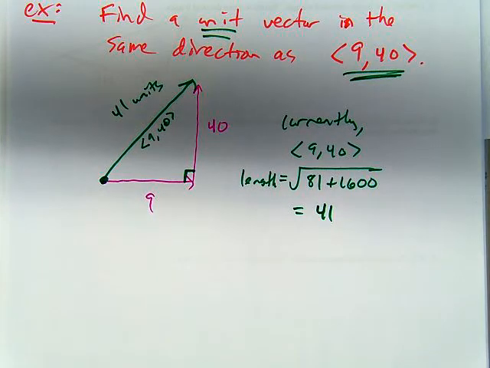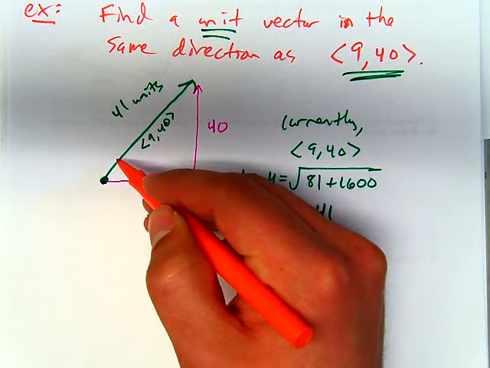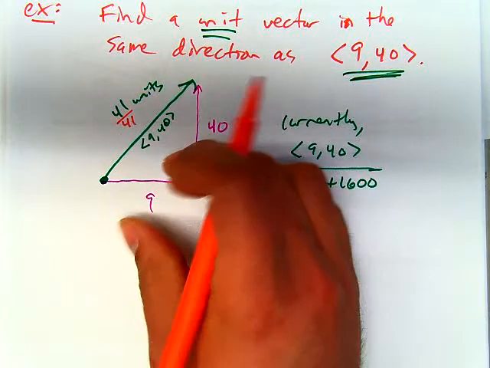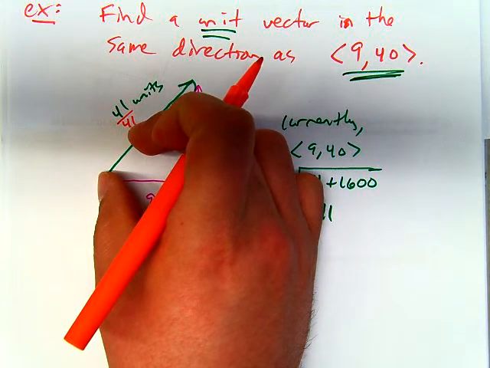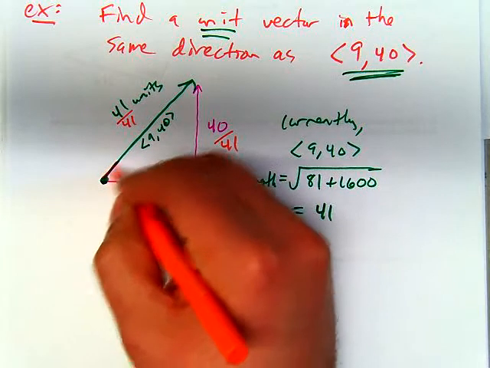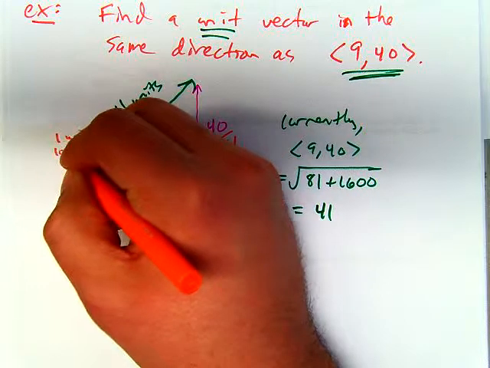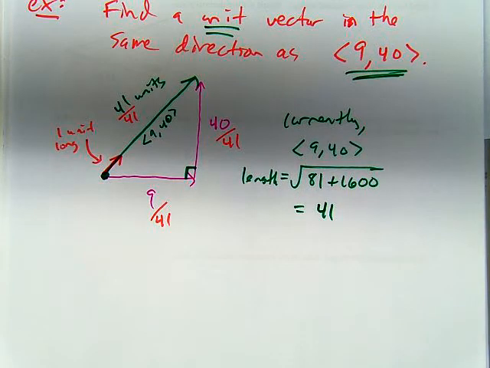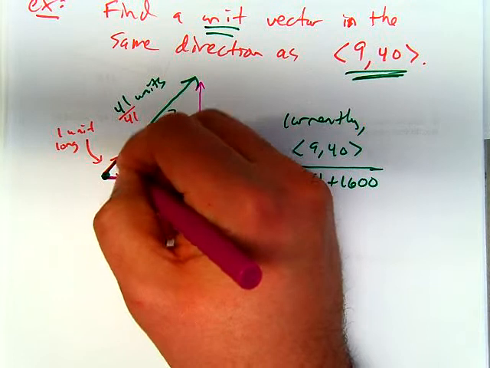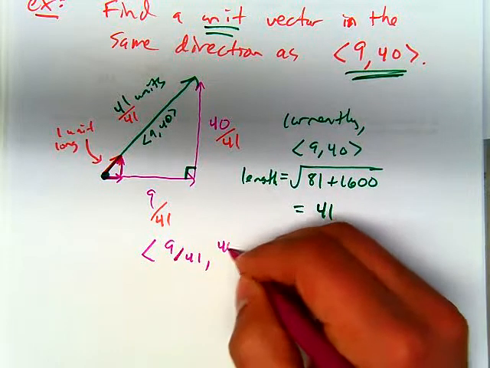So the idea here is that we're going to scale this vector down so that it's 1 unit long. So what we can do is divide by 41 so that now this becomes 1 unit in length. And if you divide one side of the triangle by 41, everything gets divided by 41. So now this vector here, this orange one, is 1 unit long. And now the horizontal component and the vertical component would be 9 over 41 and 40 over 41.